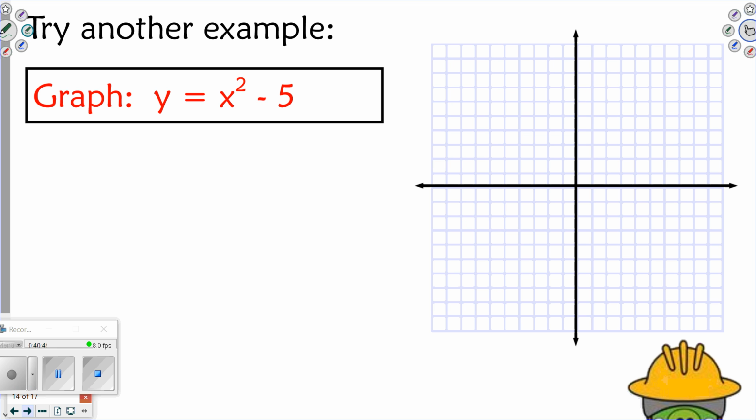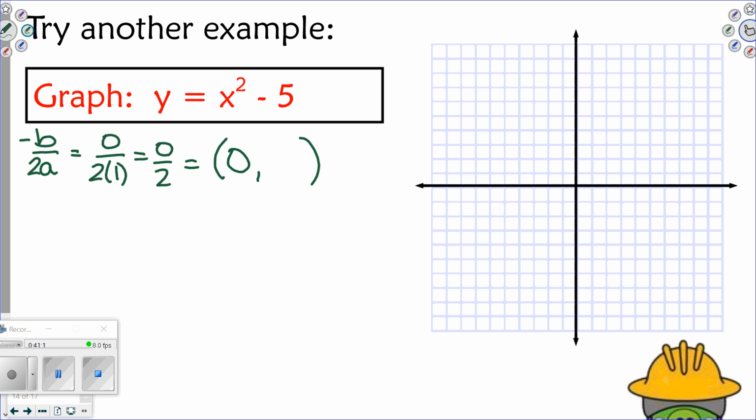So graph y equals x squared minus 5. So if I'm graphing -b over 2a, what's my b value? 0 over 2 times my a value. 0 over 2, which is 0. Yep, plug that back in and we get just -5.